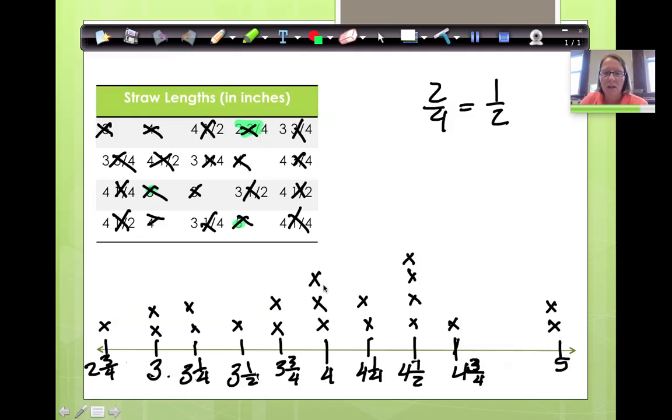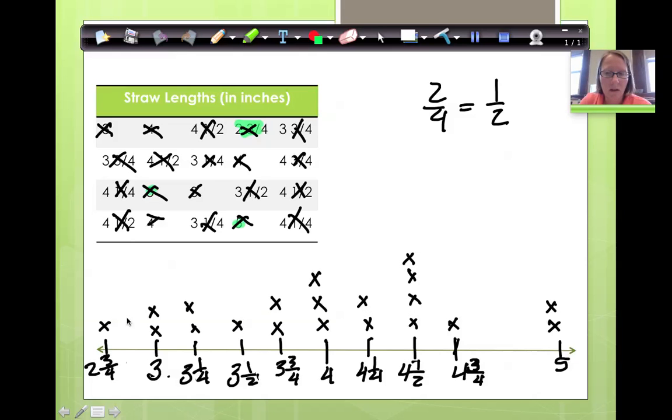Now, judging from this, which was the most common or frequent length of straw in Mr. Hahn's class? Well, which one has the most X's? 3, 4. Ooh, 4 1/2. Most of the straws are 4 1/2. Okay. What is the number of straw lengths that happened the smallest amount, the least frequent or least common?